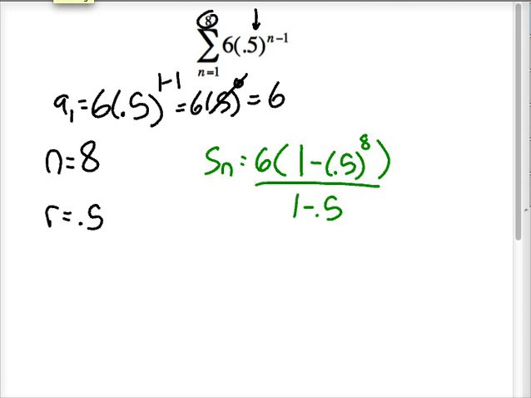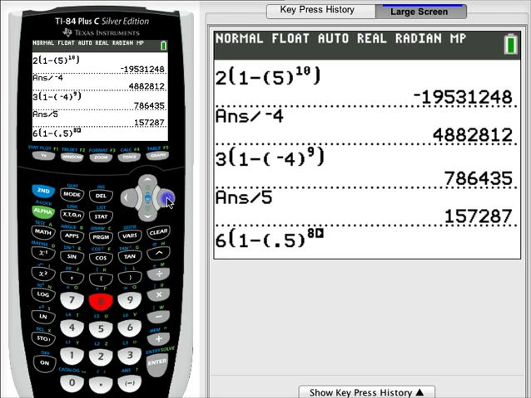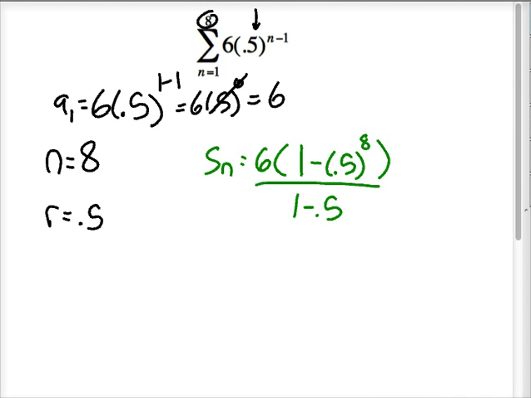So let's plug that into the calculator. 6 times 1 minus r, which is 0.5, to the 8th power, and we get 5.9765625.